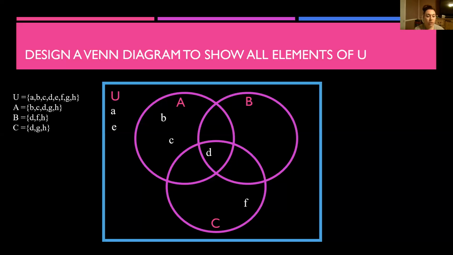Our f is only located in B. Going down the line, g is in A and C, so it'll go there. And then h is in our universe, A, B, and C, so it'll go in the middle with d.